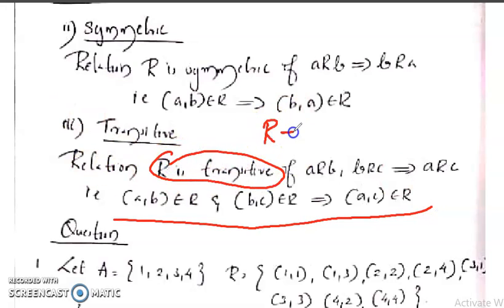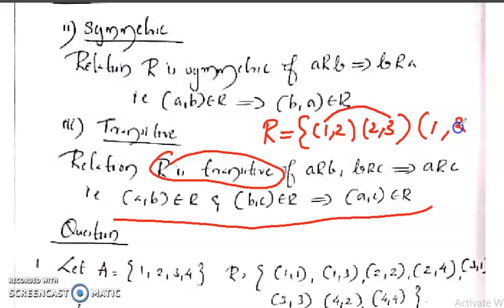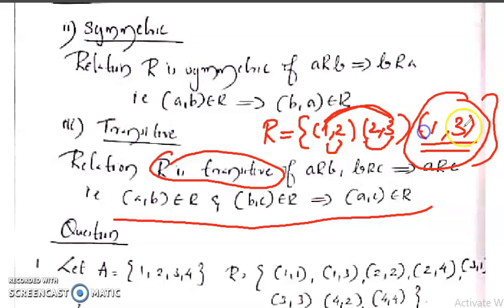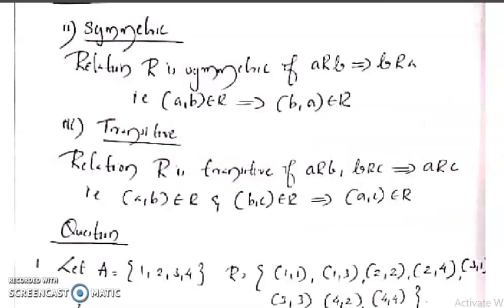For example, R will be like this: 1 comma 2, 2 comma 3. 1 is related to 2, 2 is related to 3, then 1 should be related to 3, that is, 1 comma 3. If these three pairs are in R, then we say R satisfies transitivity. So we have these three elements here. Now we will continue with some problems.